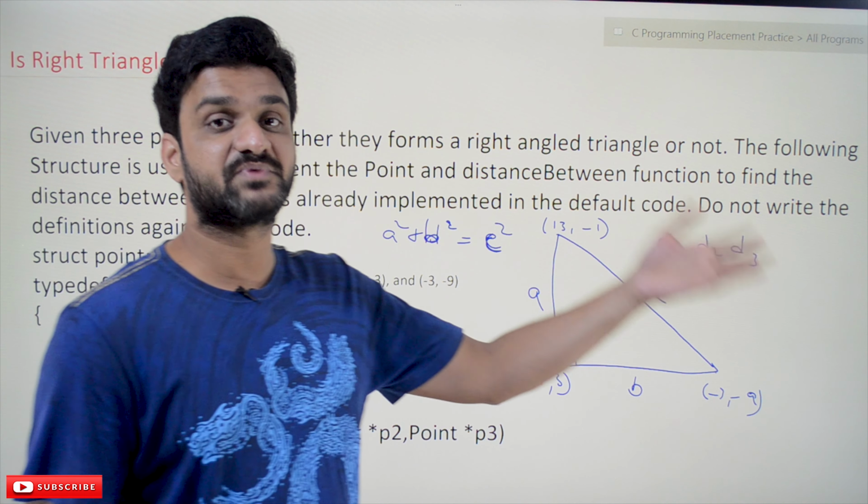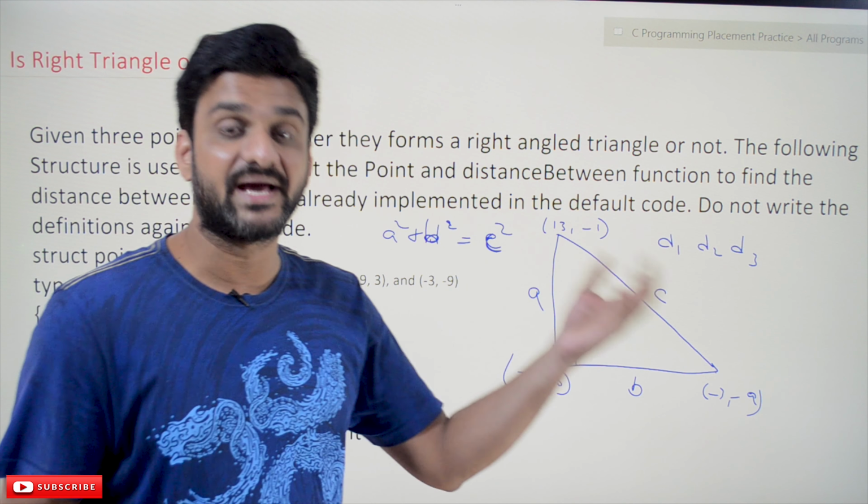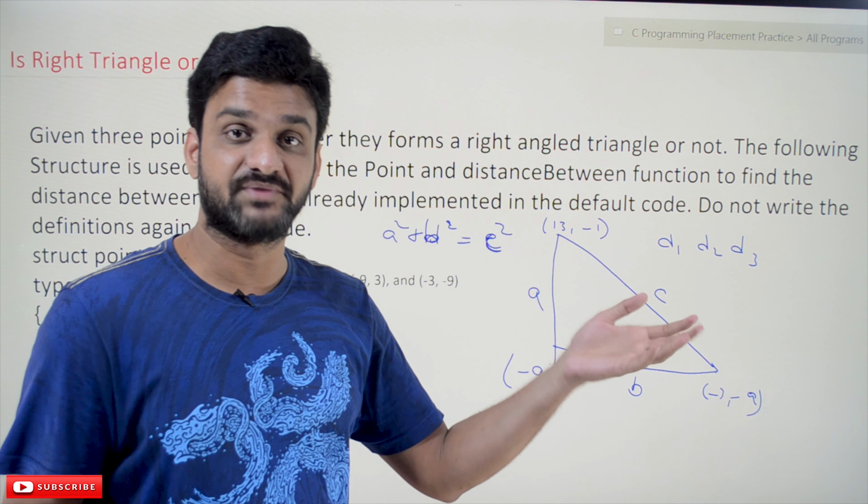How to find the maximum? As we have seen in our previous videos where we discussed the ternary operator to find the maximum, then we have to find the minimum, then the middle value. So in order to apply these distances in this formula, we have to find the maximum, minimum and mid value.